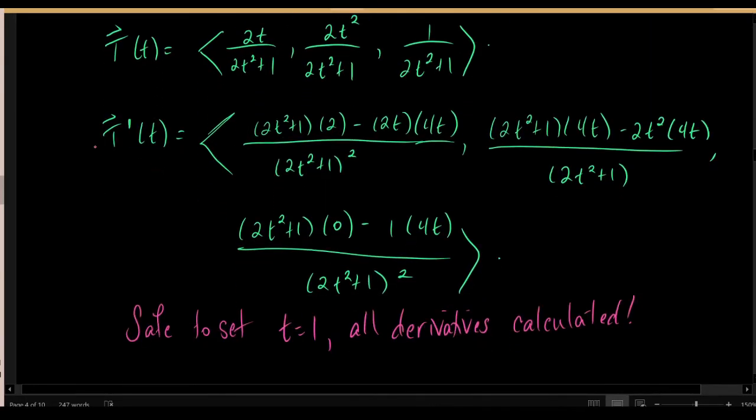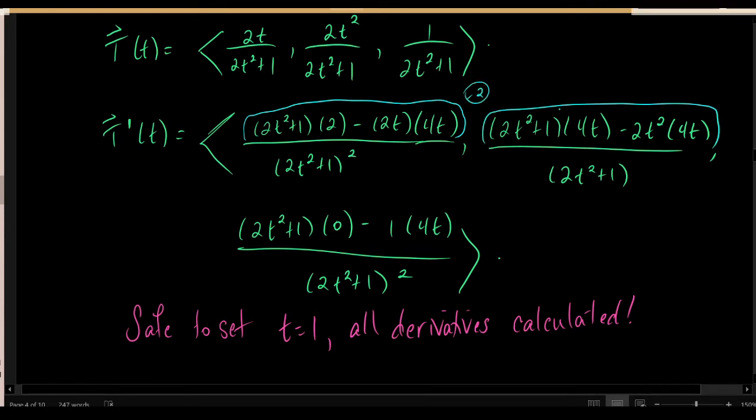We're also going to need T prime. Now it looks like all these denominators are going to be 9, so let's just think about what the numerators would be. So if t is equal to 1, we get 3 times 2, that's 6, minus 8, so that's minus 2. When t is equal to 1 here, we get 3 times 4, that's 12.